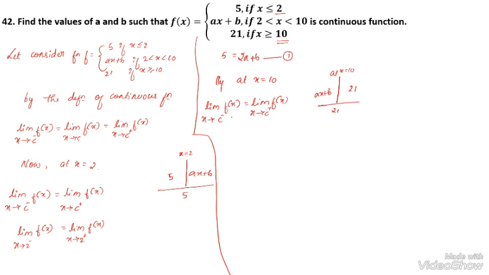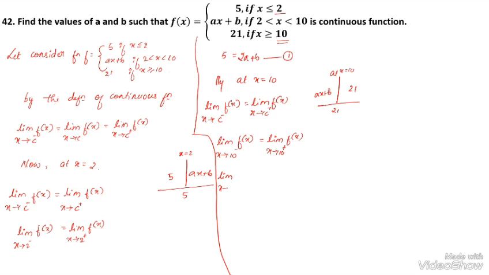Here I can substitute c is equal to 10. That is, limit x tends to 10 minus f of x is equal to limit x tends to 10 plus f of x. So here the function is f of x is ax plus b.